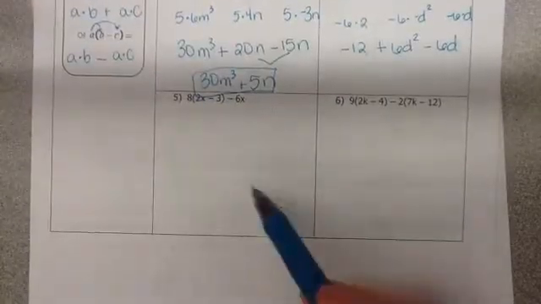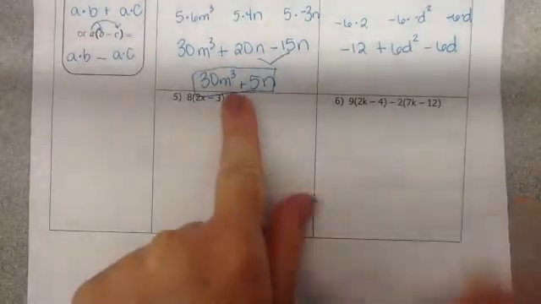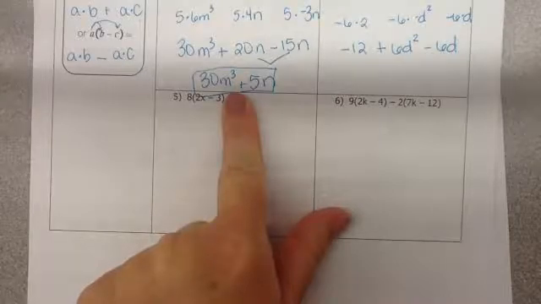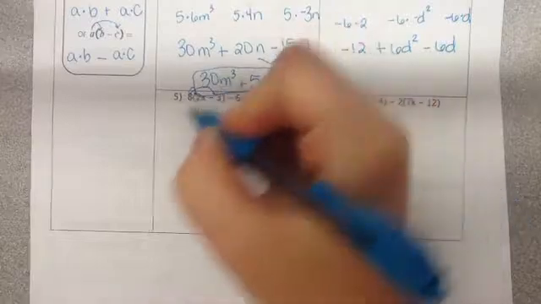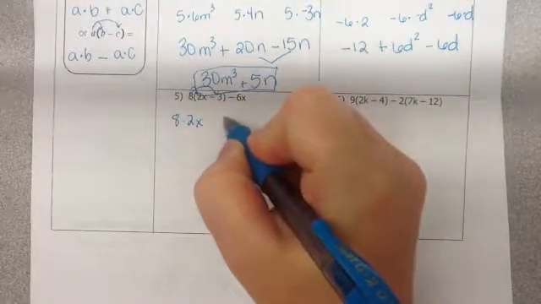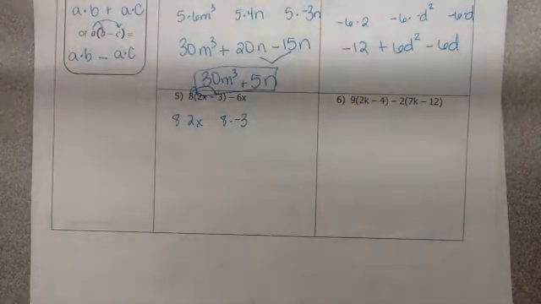Number 5 and 6, there's extra pieces involved here. So the first thing you have to do is ignore this piece at the end and get rid of those parentheses by distributing. So I'm going to distribute this 8 to both terms. 8 times 2x, and what else? 8 times negative 3.